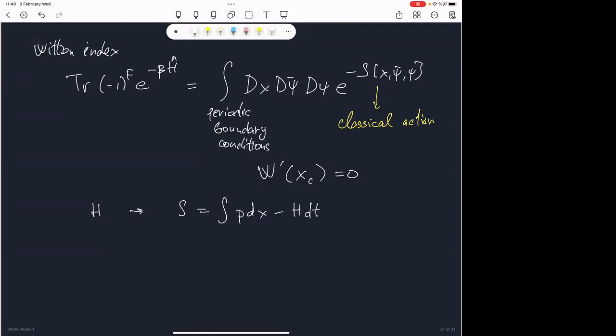So when you write everything in terms of Grassmann numbers here, instead of this p dx, you can also write p x dot dt.